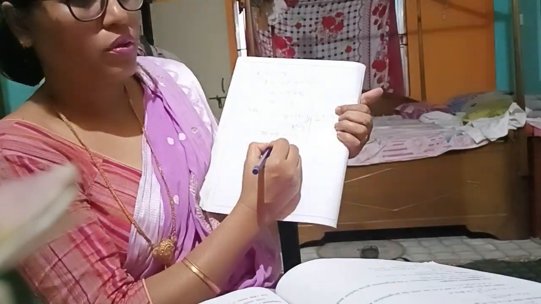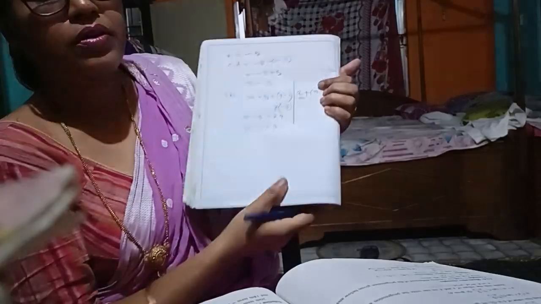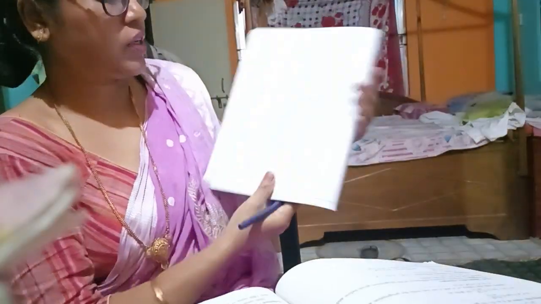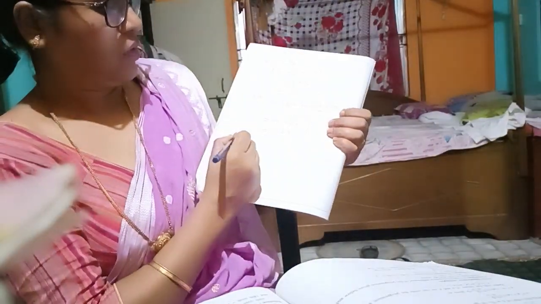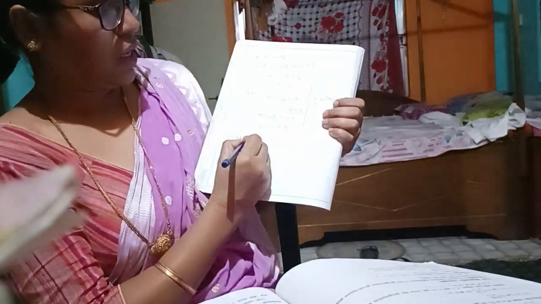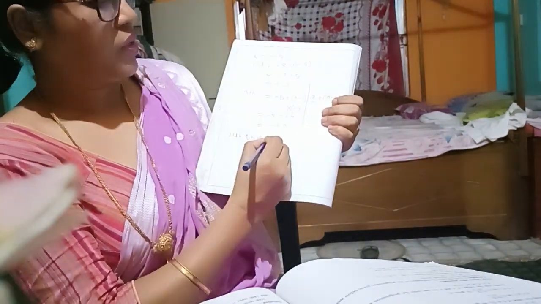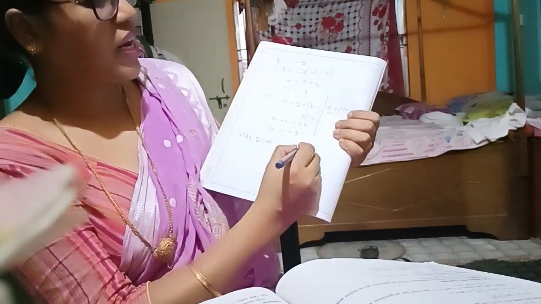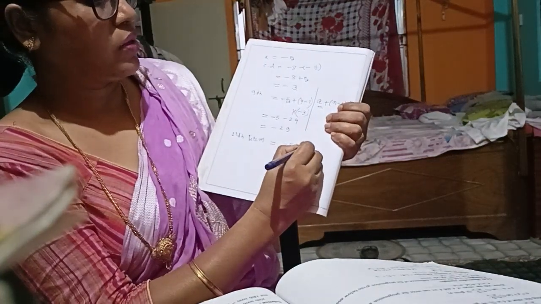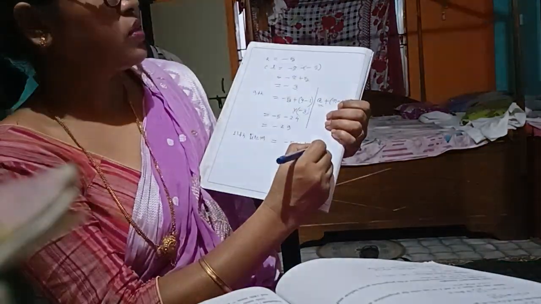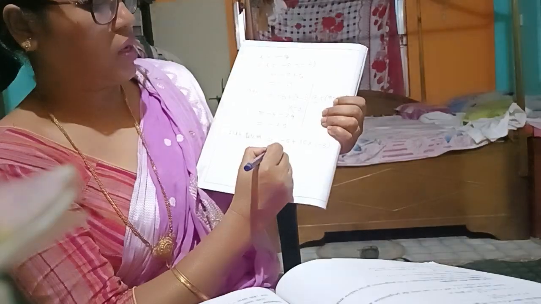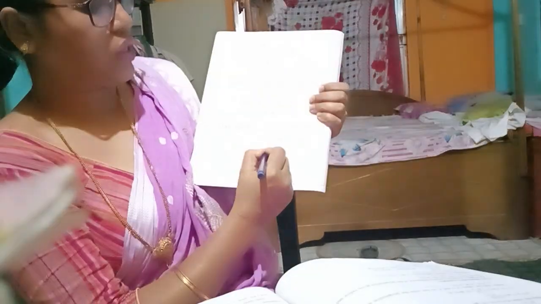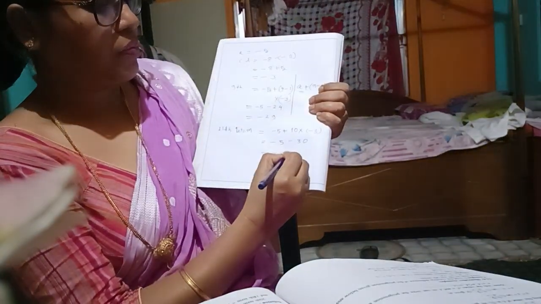What is the result here? Minus 29. Do you understand this? And what to find? 11th term. 11th term is equal to minus 5 plus, you can directly write, plus 10 into minus 3. Minus 5 minus 30, so the result is minus 35.